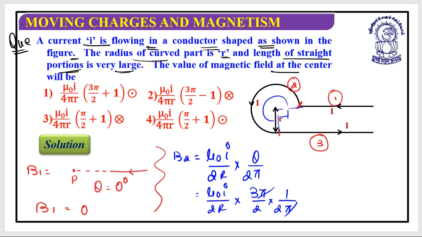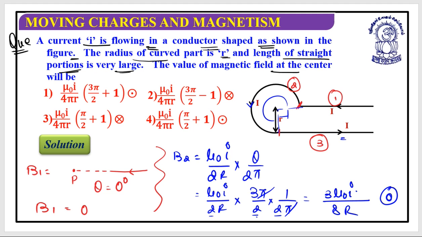This pi has gone, and this equals 3 mu naught I divided by 8R. And as it is moving in anticlockwise direction, the field must be outside the plane. This is 3 mu naught I by 8R.